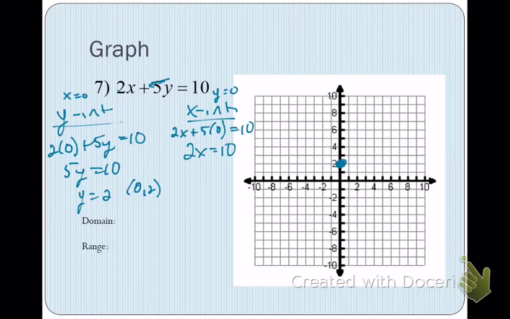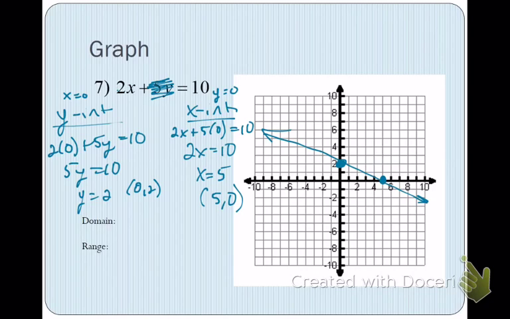So in essence, we've kind of covered 5y up. And we just have this equation, 2x equals 10 divided by 2, and x is 5. And so the coordinates for the x-intercept is going to be 5, 0. So we go to 5, 0, plot a point there. Now we have our points, so we can graph our line.